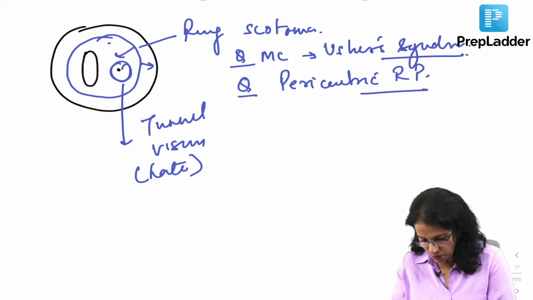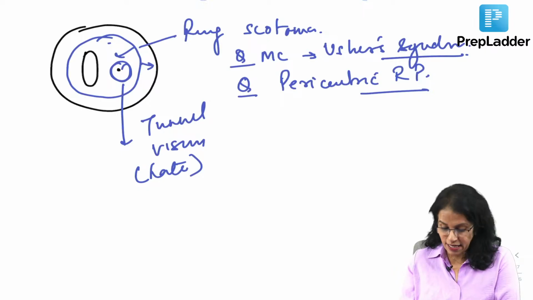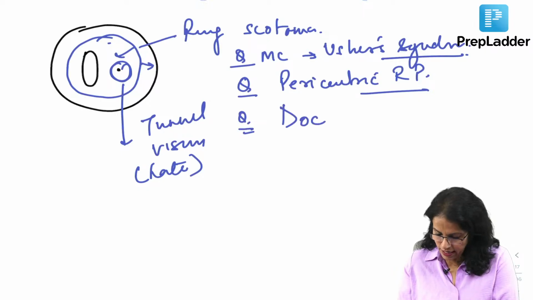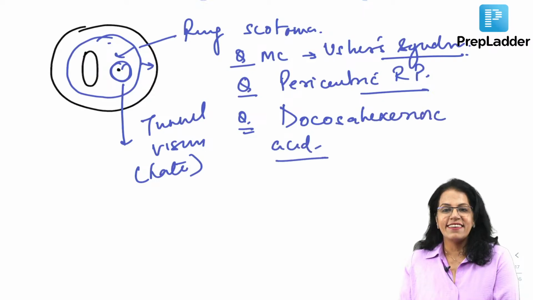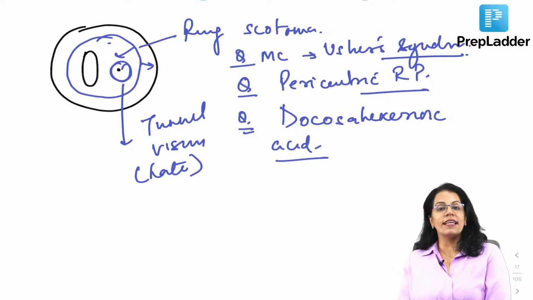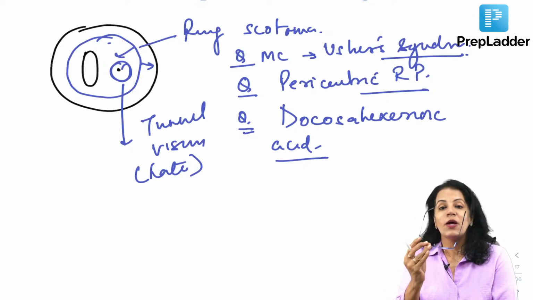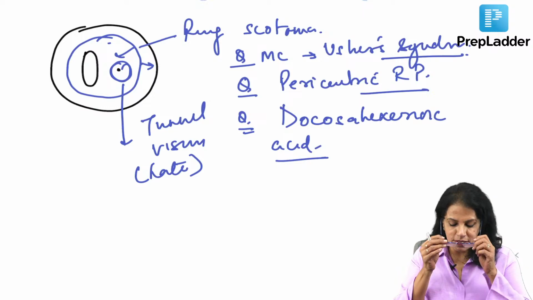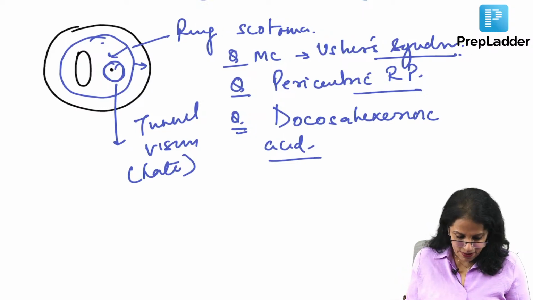Right. We all know no effective treatment, but there has been a question that you can go for supplement of docosahexaenoic acid. This has been a question, so we will not forget this. Right? It's a component in the rods and it is seen that sometimes it helps in slowing down the progress of the disease. But again, not 100% proved. Good.